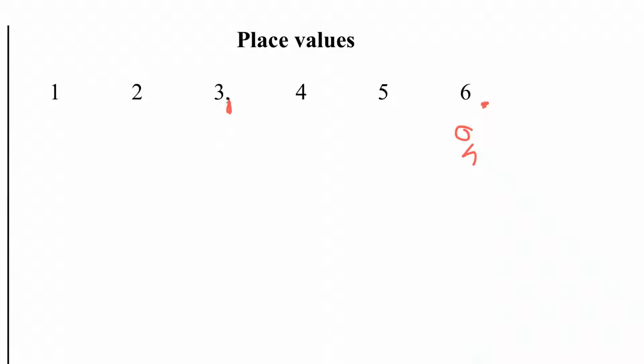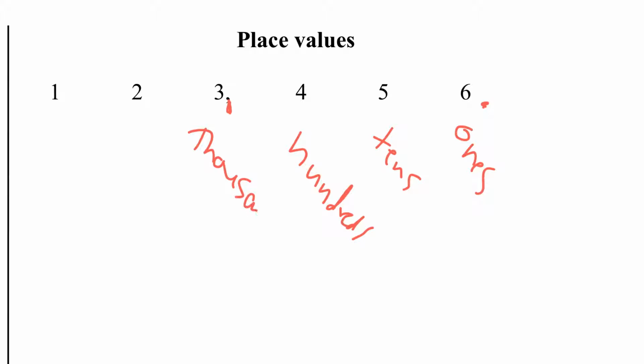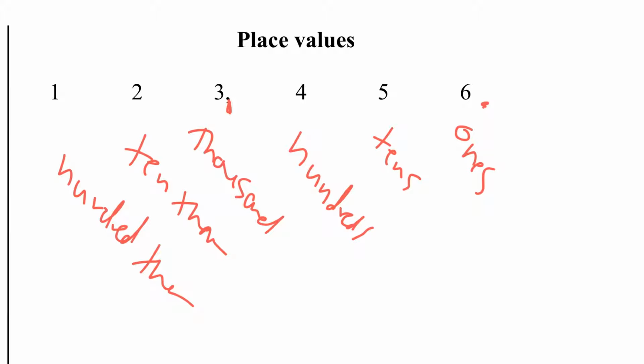So this is the ones column, and this is the tens column, this is the hundreds, this is the thousands, this is the 10,000s, this is the 100,000s. And after that you get to millions and 10 millions and 100 millions.